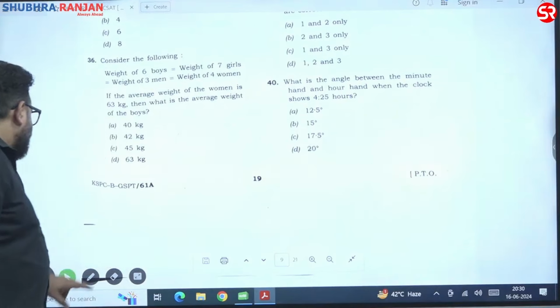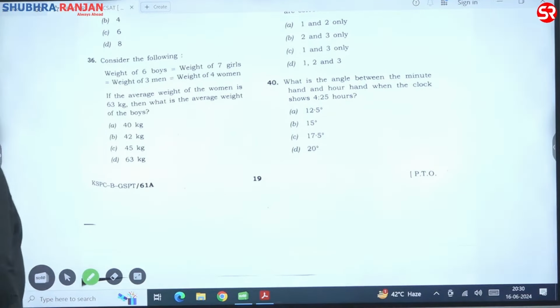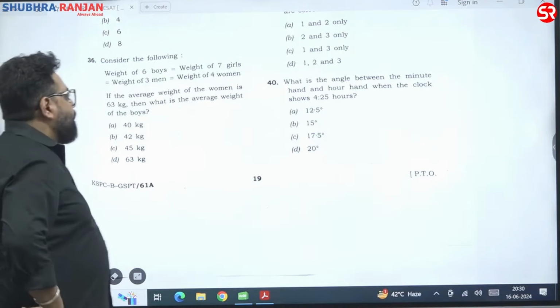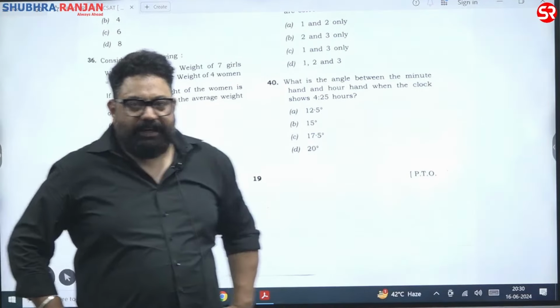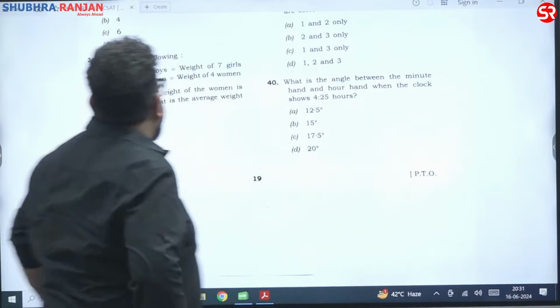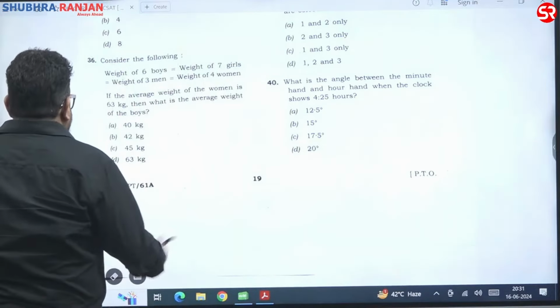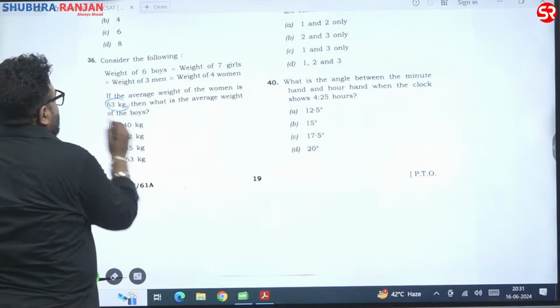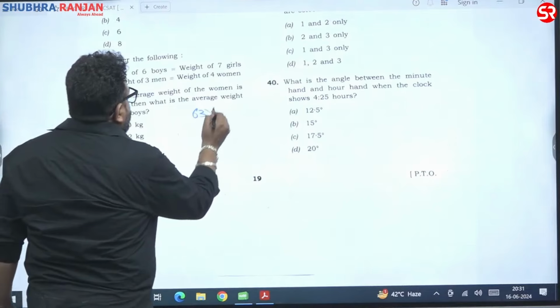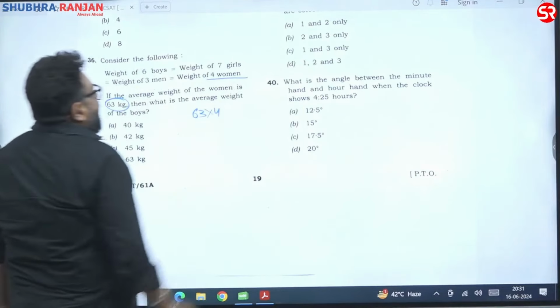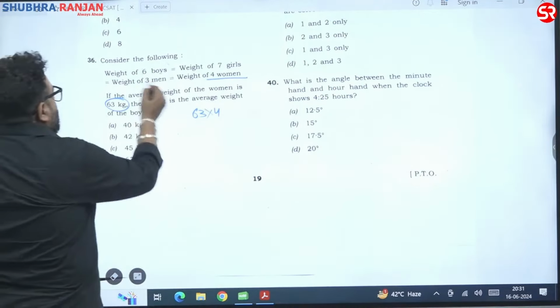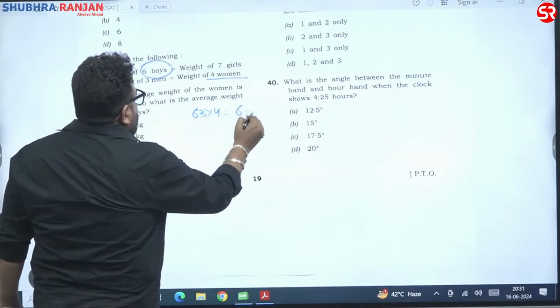He says the weight of 6 boys is equal to the weight of 7 girls is equal to the weight of 3 men is equal to the weight of 4 women, right? And if the average weight of a woman is 63, so 4 women total weight would be 63 into 4, which is equal to 6 boys' weight.